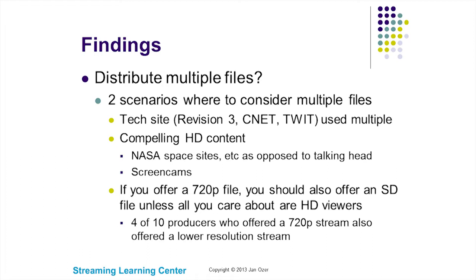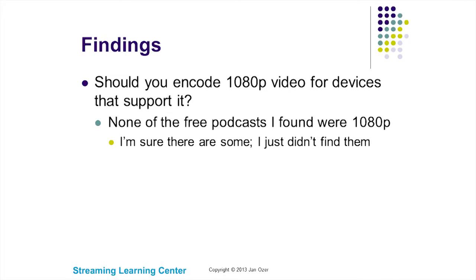And if you do go 720p, I think you have to think real hard about offering a lower quality, lower resolution stream. And then we saw that 1080p is starting to be supported by some of the higher-end devices. The new iPad supports 1080p.